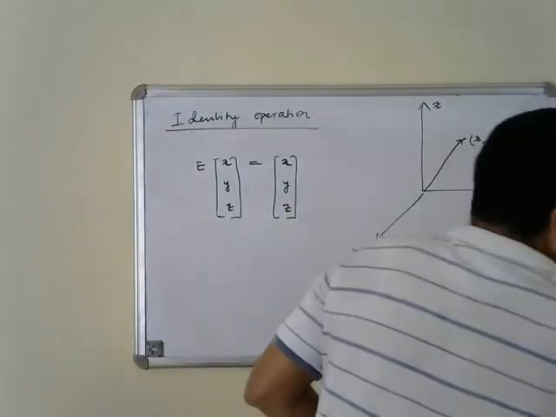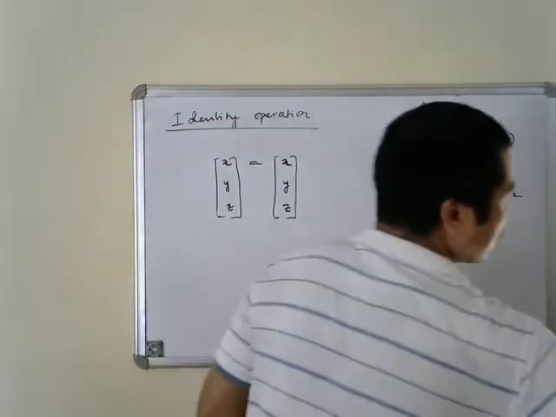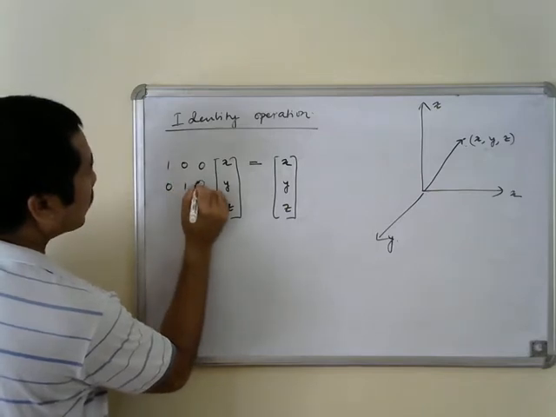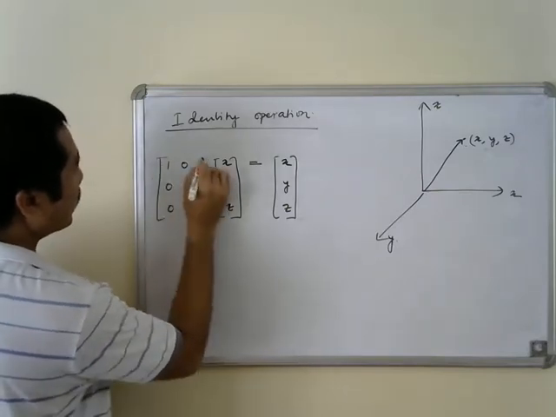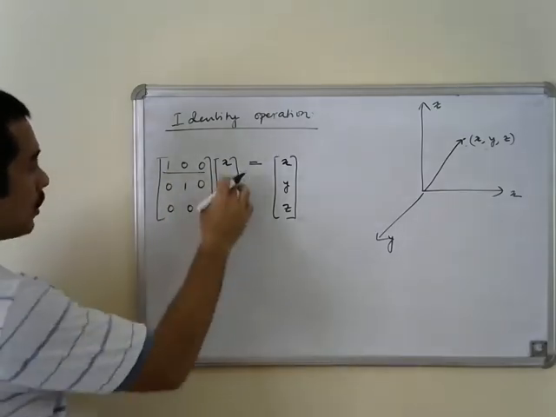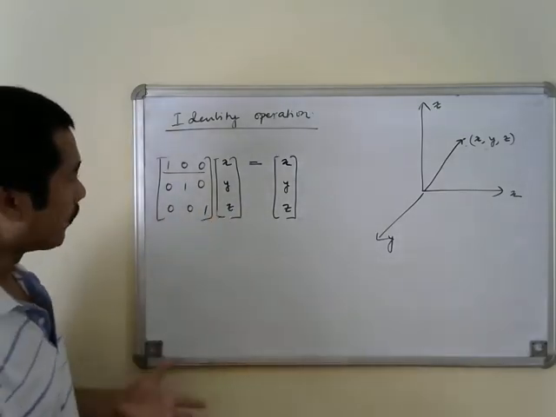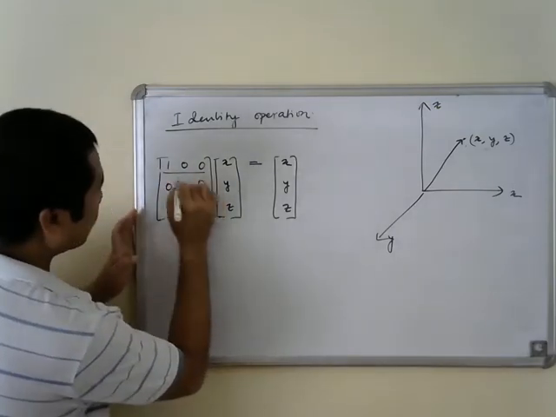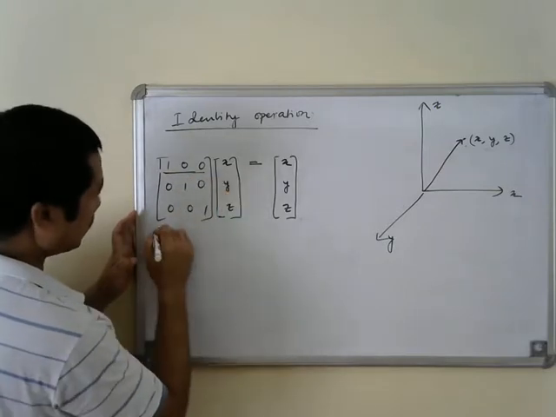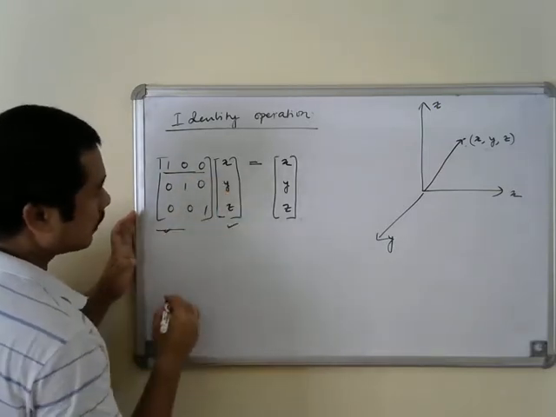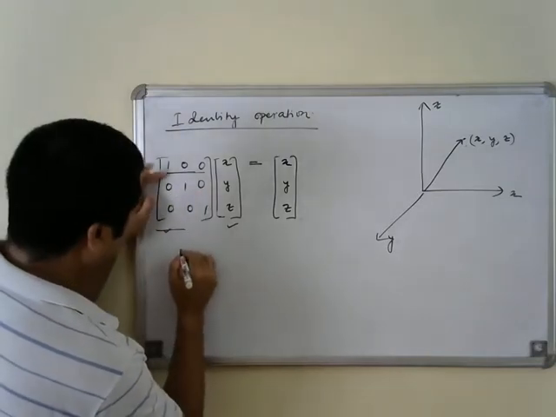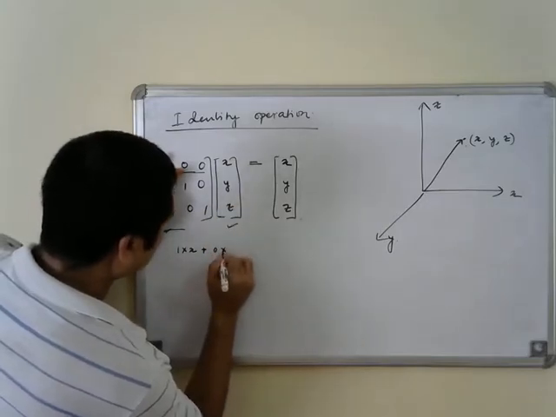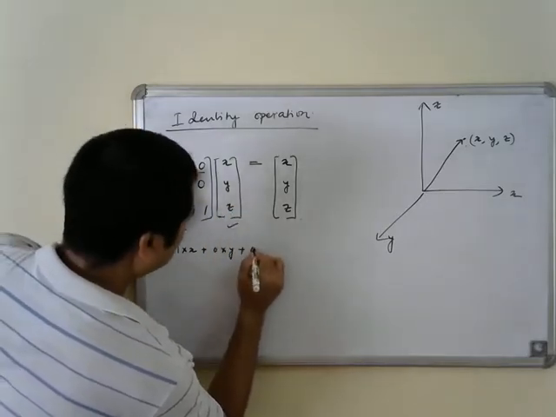If you look carefully, you will find that we can use the 3-dimensional unit matrix, and when you multiply it with this matrix over here, the result is going to be equal to x, y, z. Let us multiply this 3 by 3 matrix with this 3 by 1 matrix. The first product is going to be 1 into x plus 0 into y plus 0 into z.